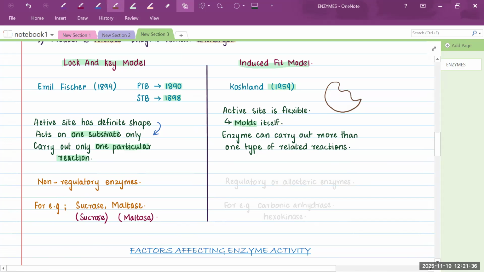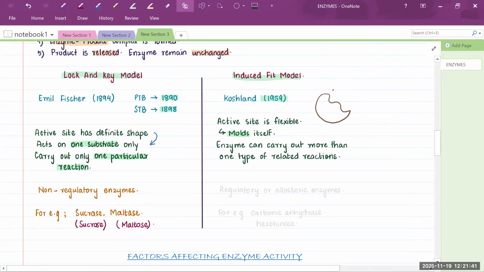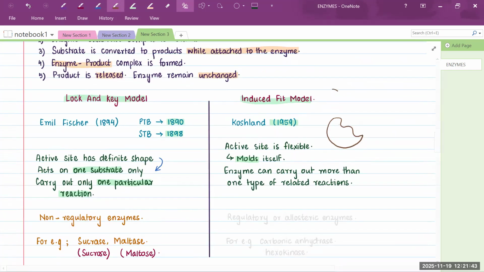We have an active site here, and the substrate is not exactly very complementary to this enzyme. So we can say that the enzyme active site can change its shape, and it can become complementary to this substrate. Okay.